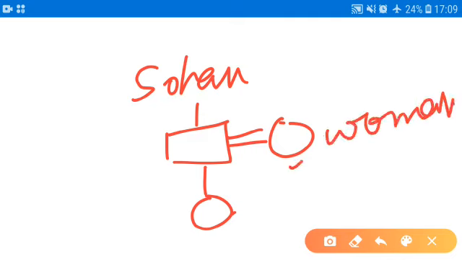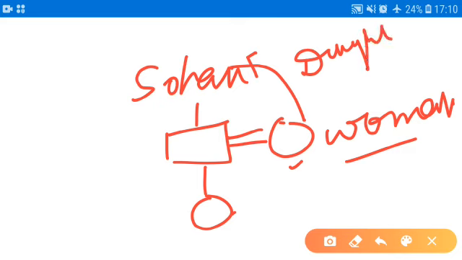So how is this woman related to Sohan? The answer will be option D, daughter-in-law. Understood? This woman is the daughter-in-law of Sohan.